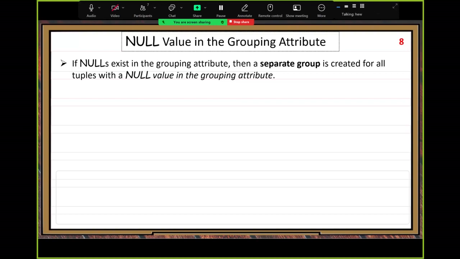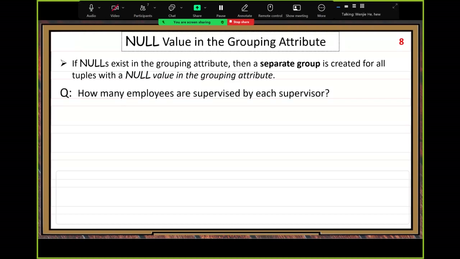When that happens, you do not use each null value to define a group. You use all null values: all the rows, all the tuples with null values, you put in one special group. Then you apply the aggregate function. So that's the rule. Okay?